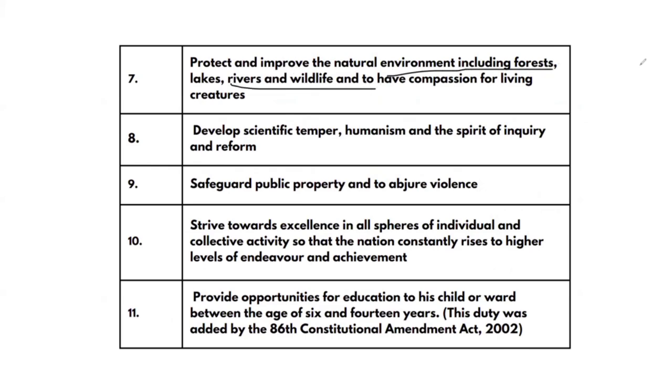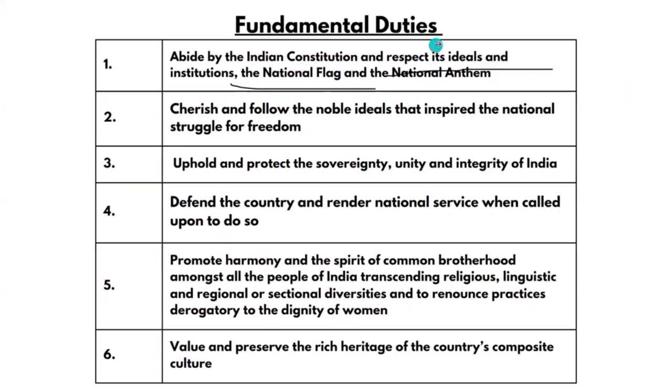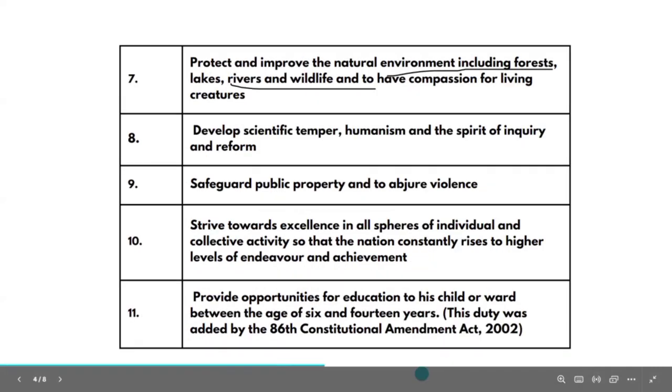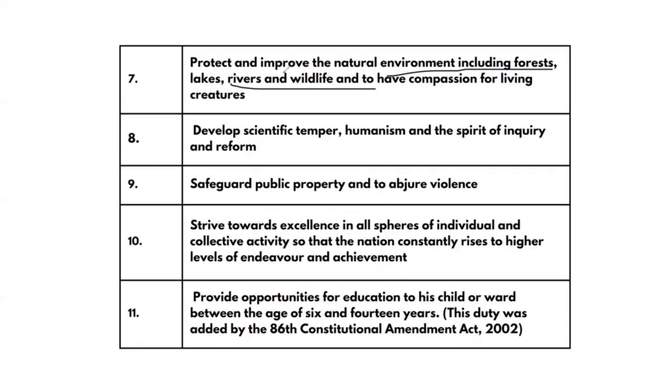They have already talked about the Constitution, noble ideas, sovereignty, defending the country, the brotherhood spirit, the dignity of women, and the rich heritage culture. Now it's time for the environment. So you have to preserve, protect, and improve the environment, forests, lakes, rivers, wildlife, and have compassion for living creatures.